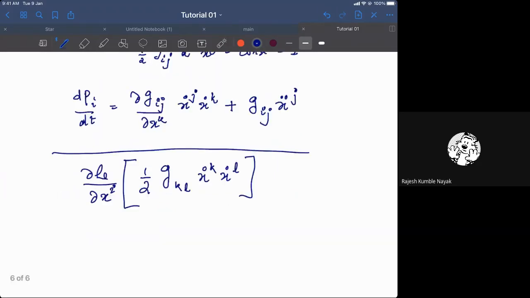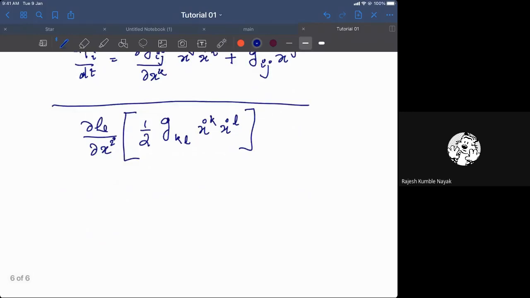So this is rather simple. It just takes this form. And then we don't have to differentiate with respect to x dot, because that is one of the assumptions in the Lagrangian formalism, that generalized coordinates and generalized velocities are independent of each other.